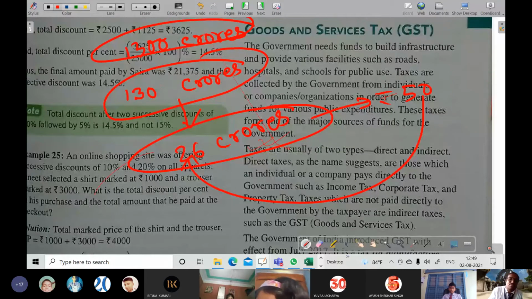While buying clothes there is tax, while buying books there is tax, while buying daily use material there is tax. So everywhere there is tax, and all these taxes make money for the government. Got it? Yes, sir.